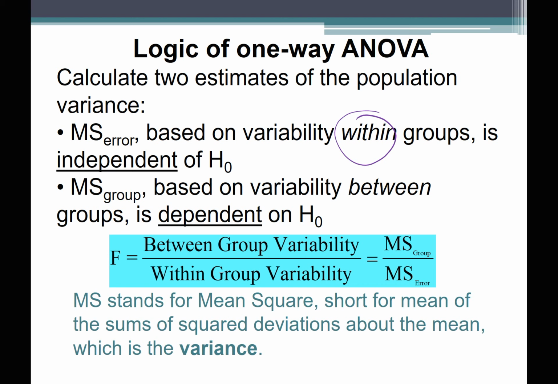So it's short for the mean of the sums of squared deviations around the mean, which is the variance. Really, we're just referring to whether it's group variance, variance across the groups, or error variance, variance that we see within our groups.